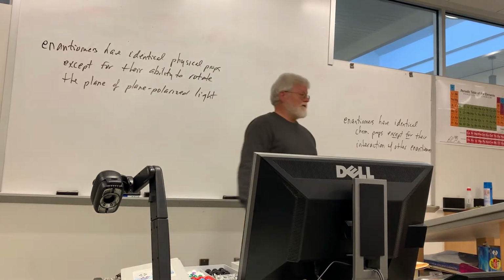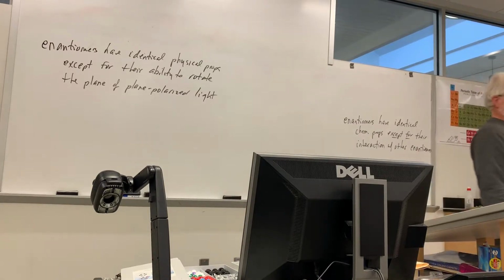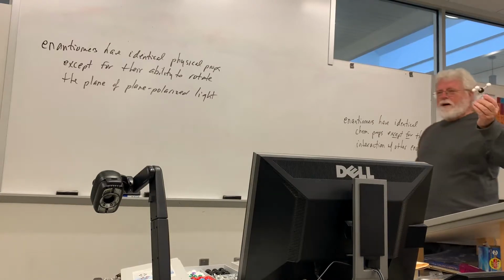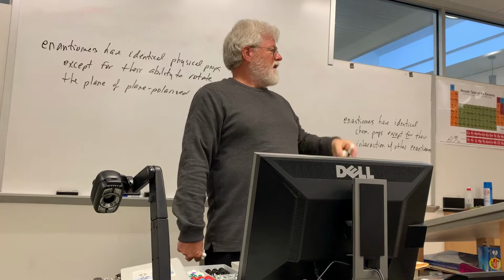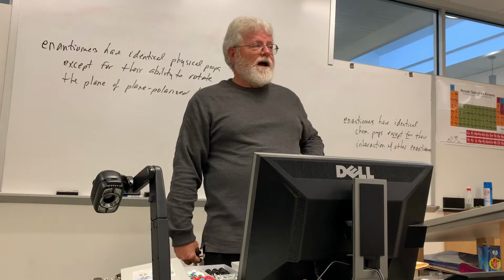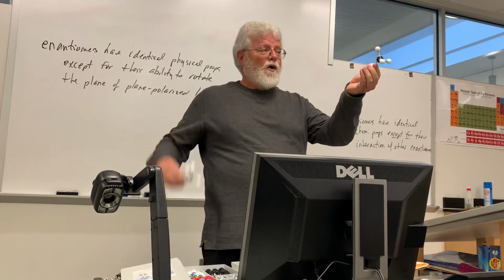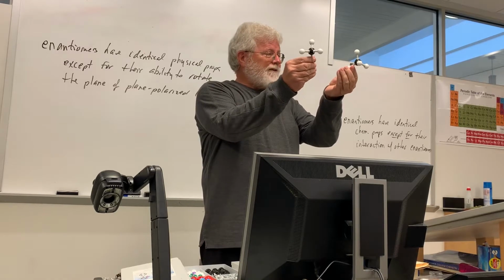What does all this have to do with molecules? Organic chemistry, carbon, yay carbon. sp3 hybridized carbon, tetrahedral geometry, there you go. There's a carbon with 4 things bonded to it. If I hold this in front of a mirror, that's what I see.